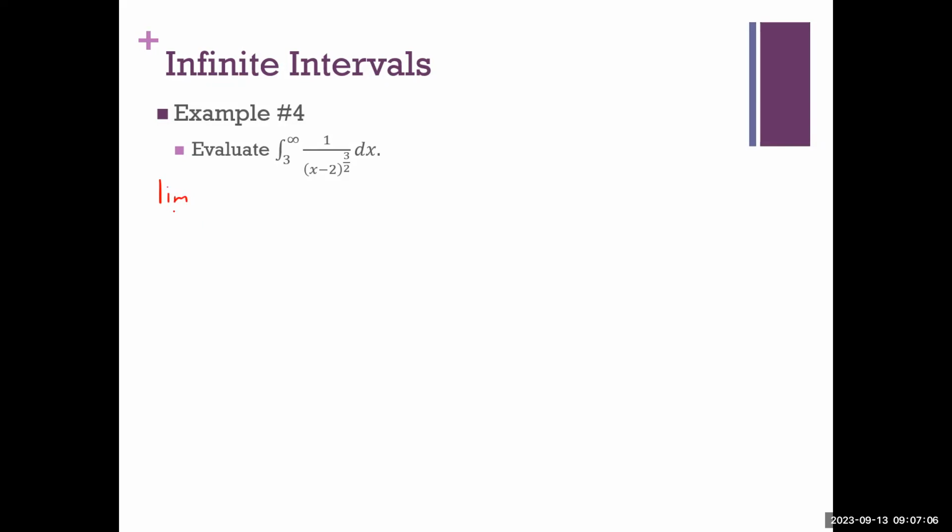Infinity is not a real number. Right. So infinity is not a real number, but it is one of our bounds. So we're going to set this up as a limit from 3 to t of this integral 1 over x minus 2 to the 3 halves. Okay. So yeah, setting it up with the limit. We don't want to treat infinity like a number because it's not one.